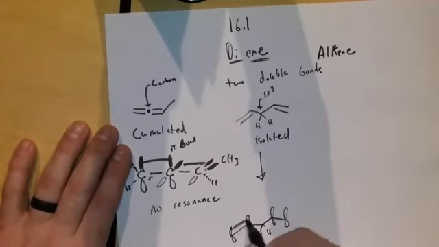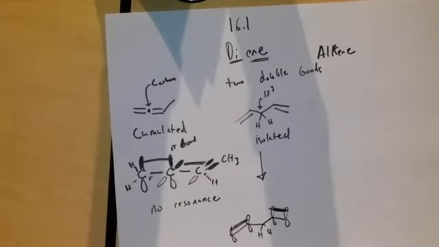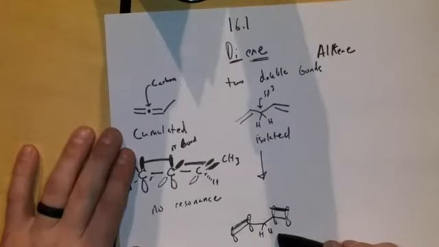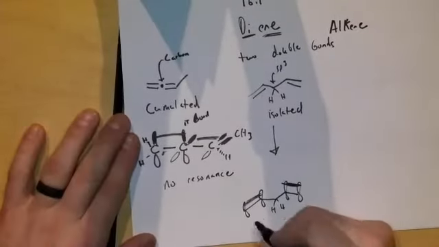You have a pi bond here, a pi bond here. There's an sp3 center in between them. They can't make this jump here. So these are isolated. There's no resonance also.